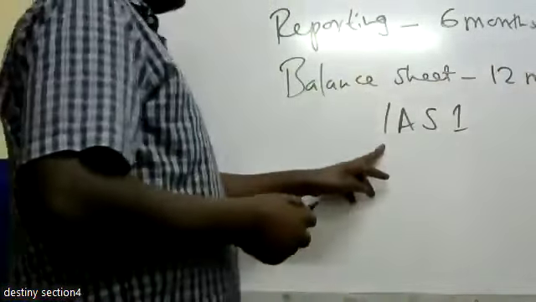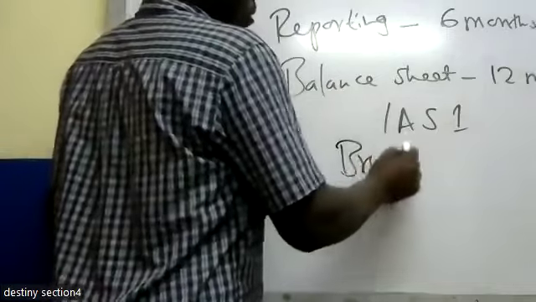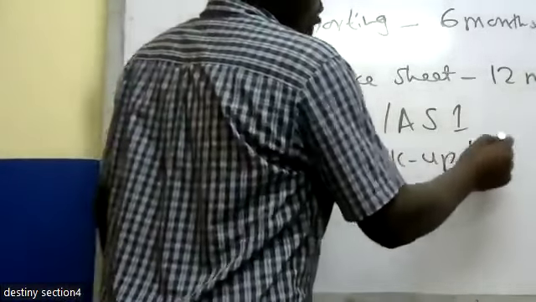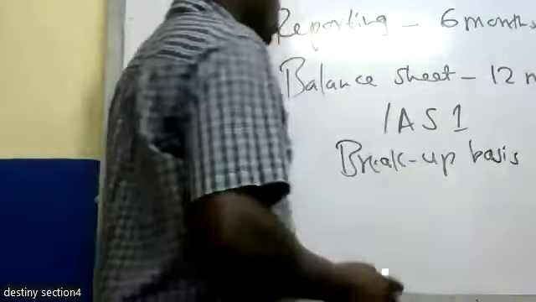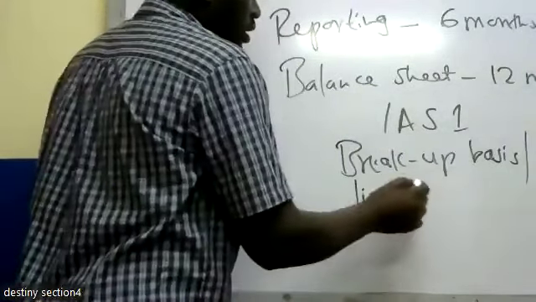Now, when the going concern status of the entity is doubtful, this principle of accounting says the financial statements need to be prepared on the breakup basis, or the liquidation basis.